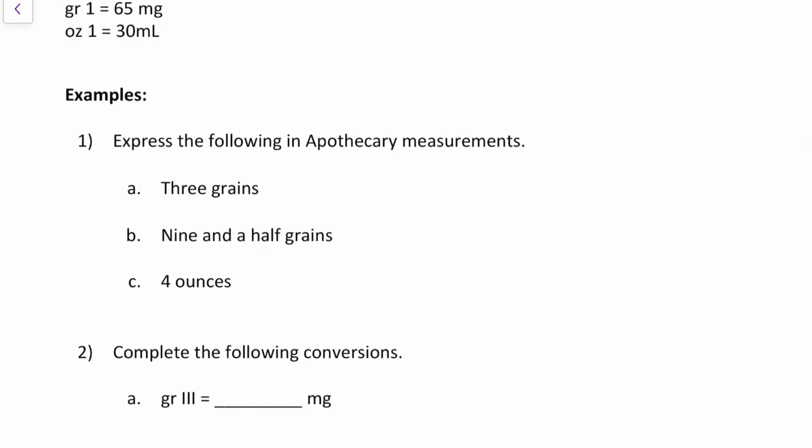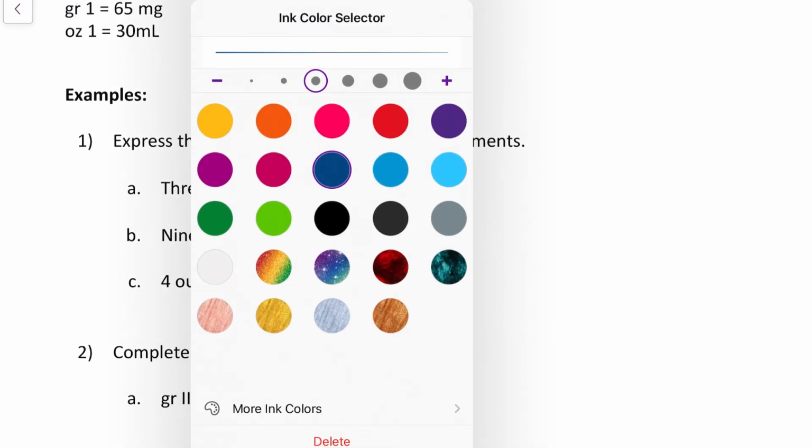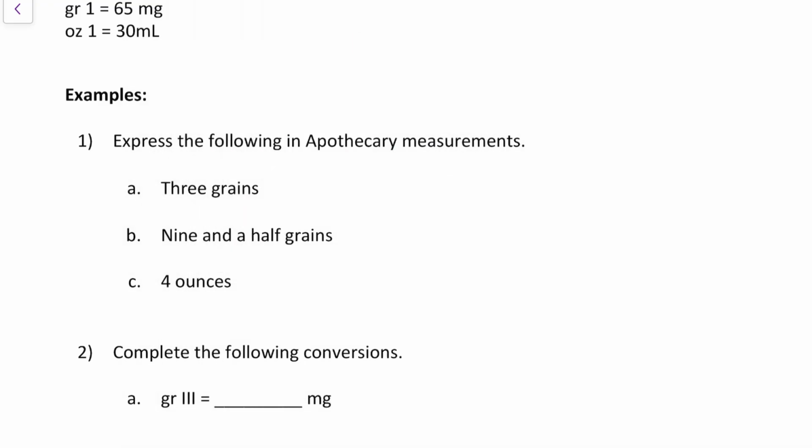So let's first look at how we actually express measurements in apothecary. Again, we use Roman numerals and the unit comes before. So in this first example, 3 grains, I'm going to write GR first. And then 3 in Roman numerals is III. For B, again, it's grains, so I'm going to put that first.